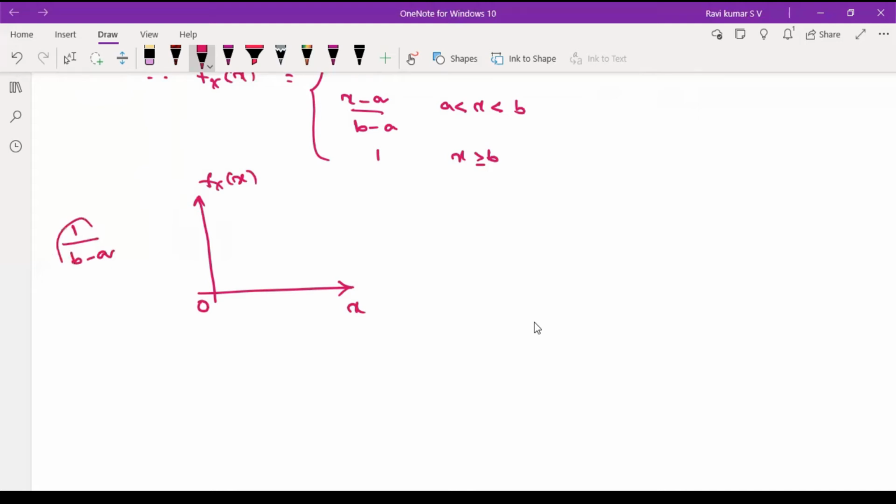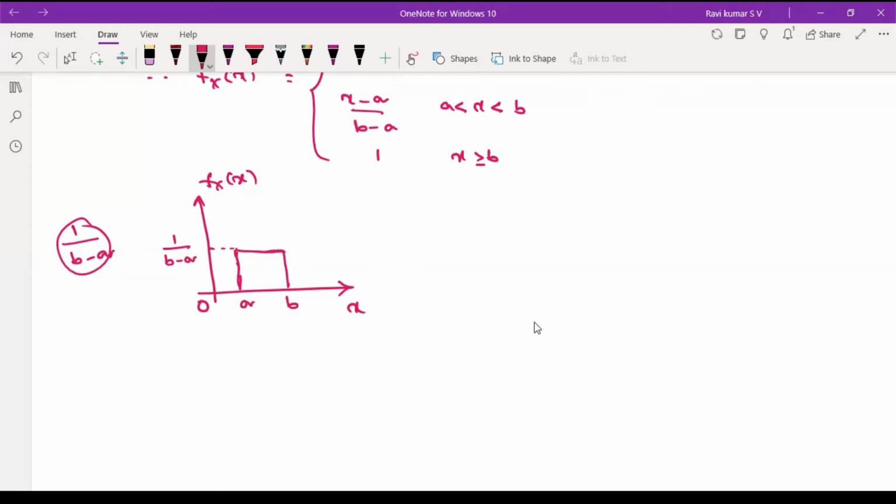So it is a constant value, 1 by b minus a, constant from a to b. There is no change.